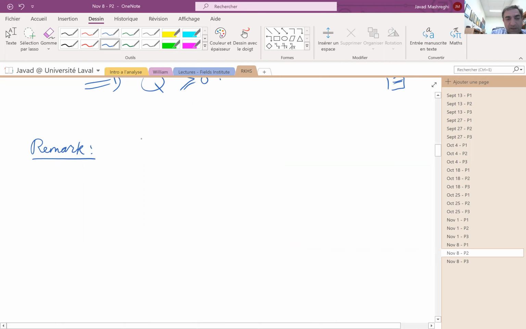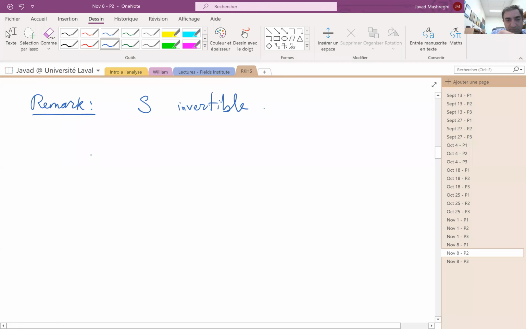If you have a matrix S, which is invertible, then matrix A is positive if and only if S star AS is positive.